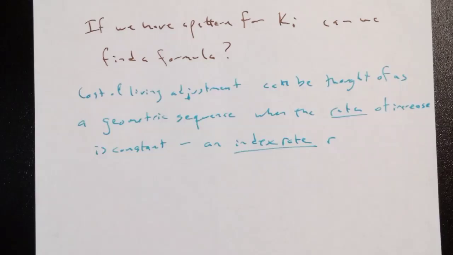Let me make my life easy to start with and assume that my base payment, K, the first payment was 1. Make my life easy, right? We'll multiply by something if it's not 1. But we'll start with an assumption that our first payment is 1.